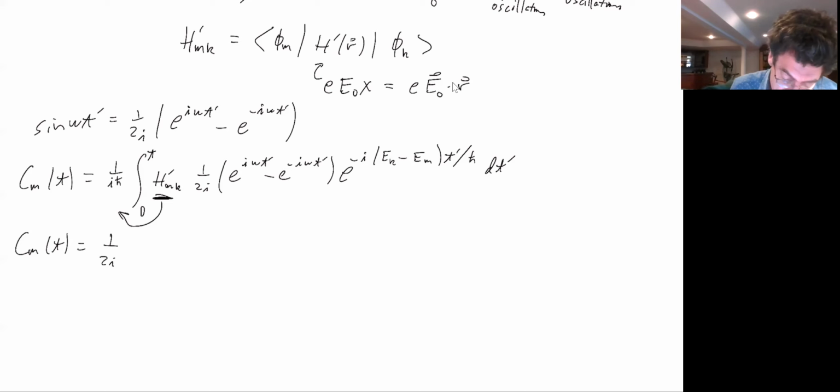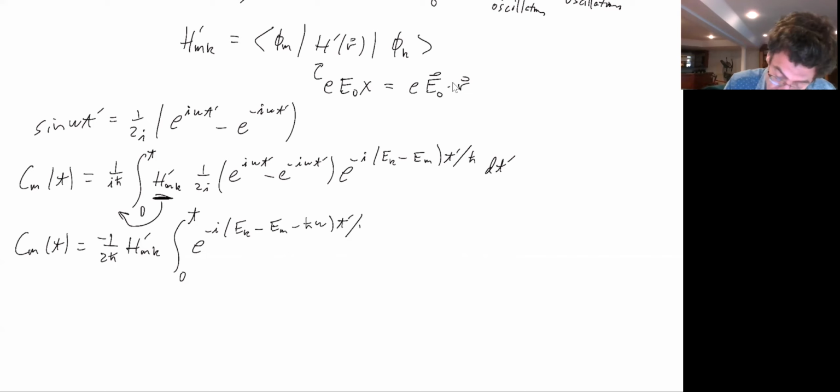And so this becomes negative 1 over 2 h bar times h prime mk, integral from 0 to t of e to the negative i (Ek minus Em minus h bar omega) t prime over h bar, minus e to the negative i (Ek minus Em, now plus h bar omega) t prime over h bar.